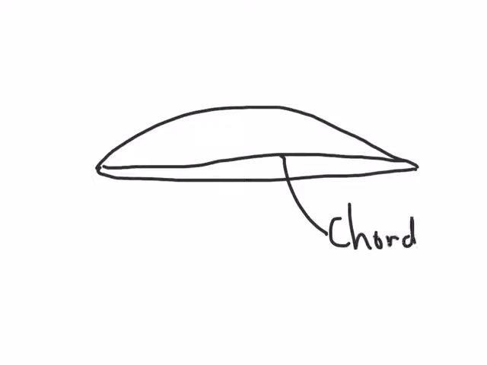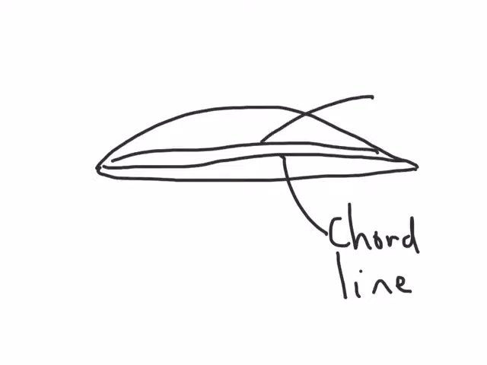And if we label some components, this is going to be your chord line. This will be mean camber line.